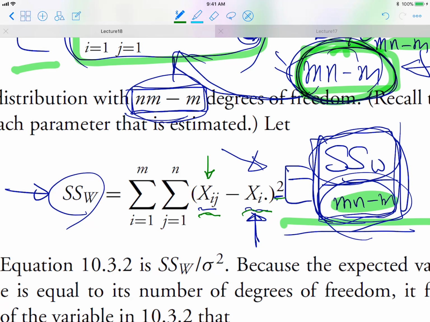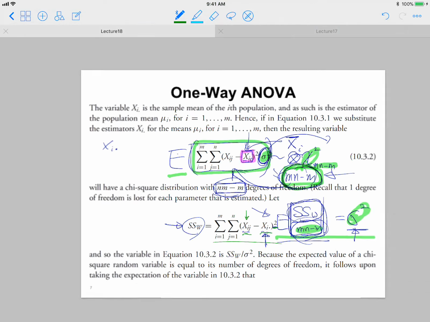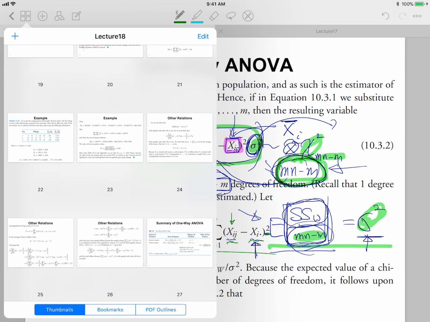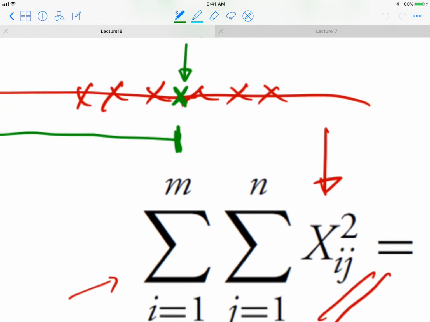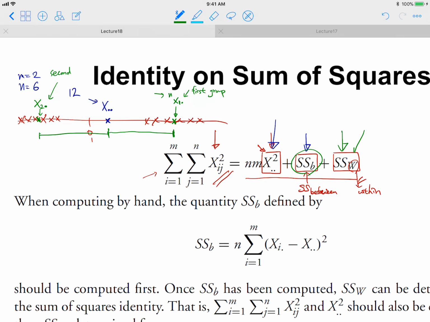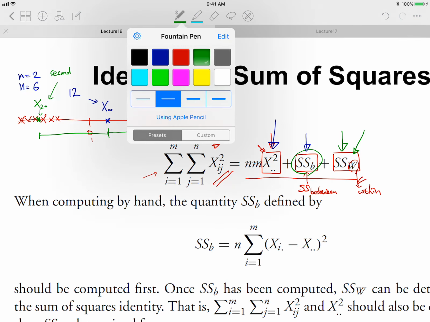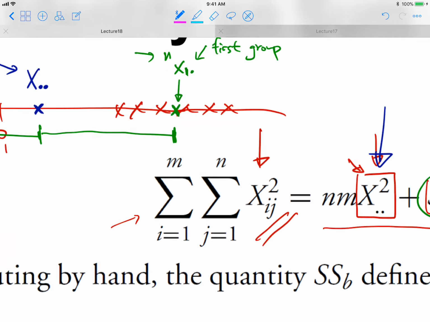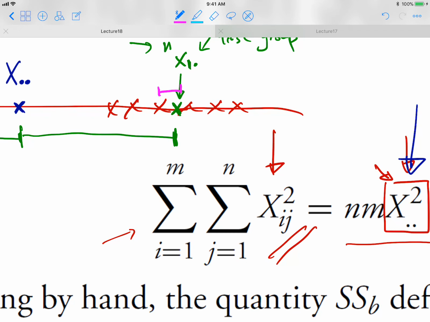We take the square of it and sum it up over all the individual samples. For this sample, this value corresponds to this difference.